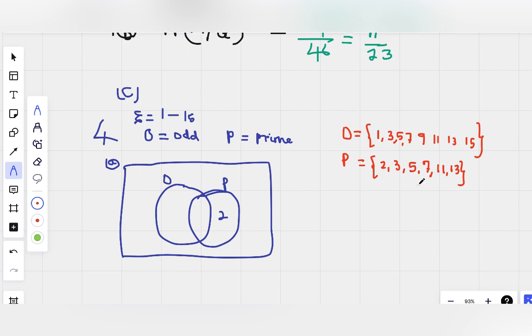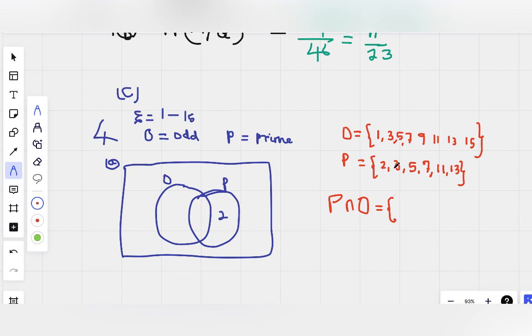So if you have this, you can find the intersection, P intersection O. To find the numbers that are here, in case you don't know, you can simply say P intersection O: prime numbers intersection odd numbers. What do they have in common? You can list them out, and those are the ones we're going to list in the middle.